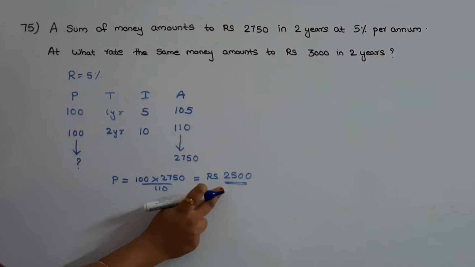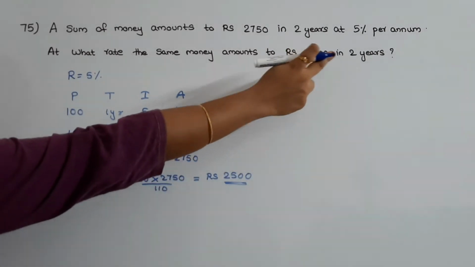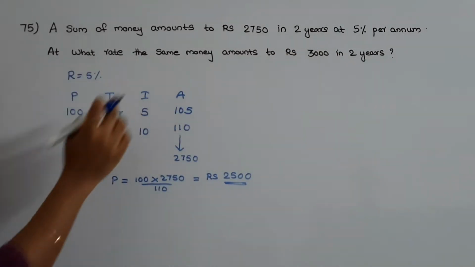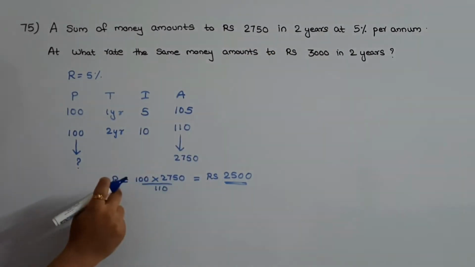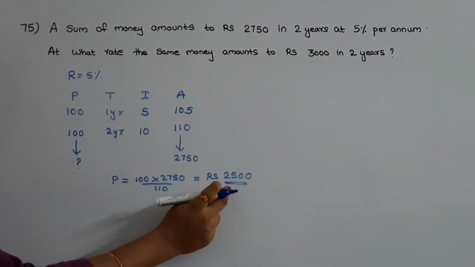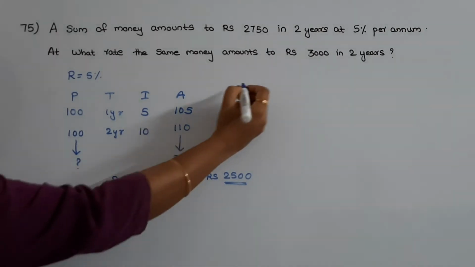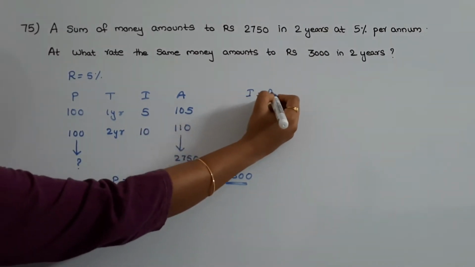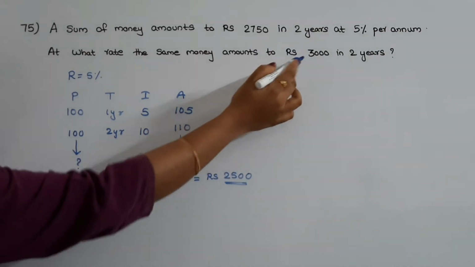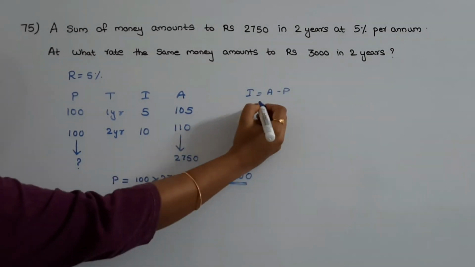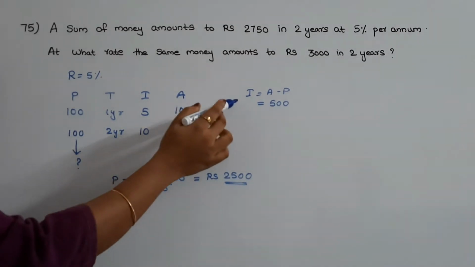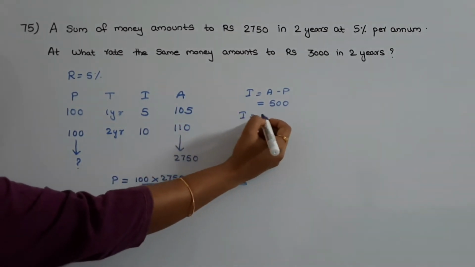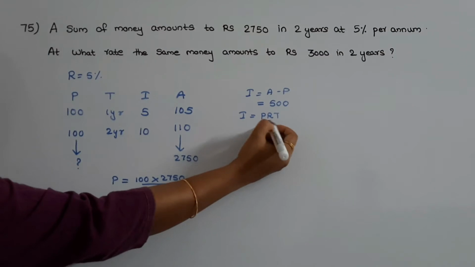Now we have the principal, the amount and the time period. We need to find out the rate of interest. Okay. So when the amount is 3000 and principal is 2500, what will be the interest? Interest will be equal to amount minus principal, that is 3000 minus 2500, that will be equal to 500. And we know that interest is equal to PRT by 100.